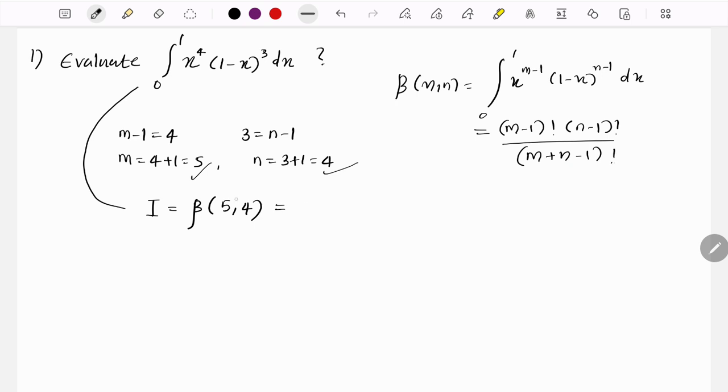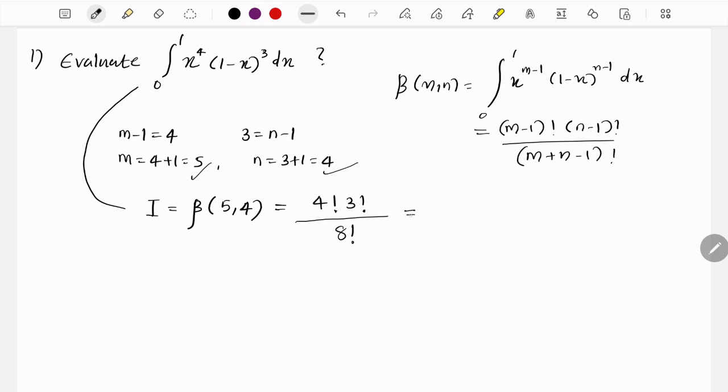So we can write it as 5 minus 1 factorial, that is 4 factorial, into n minus 1, that is 4 minus 1, that is 3 factorial, divided by m plus n, that is 5 plus 4, 9, minus 1, that is 8 factorial.